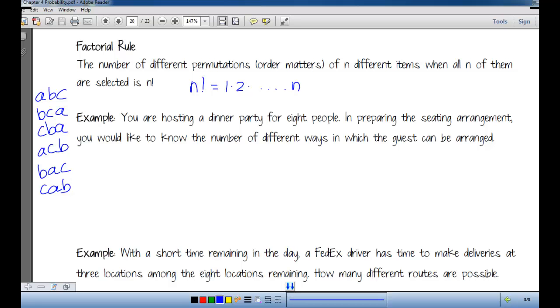For our little example here on the side, I've got 3 objects. I want to know how many different ways I could arrange all 3 of those objects. It would be 3 factorial, which is 1 times 2 times 3, or 6. Same thing as what? What other rule could we have used to get this answer?